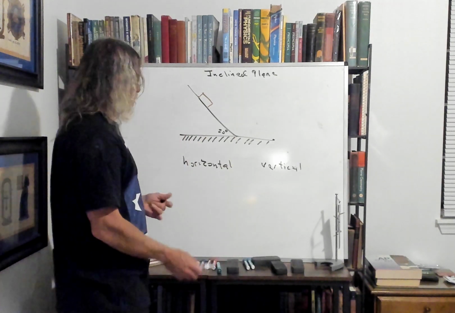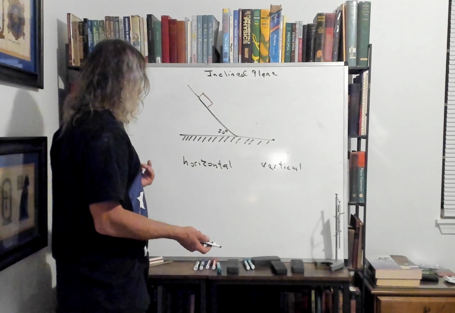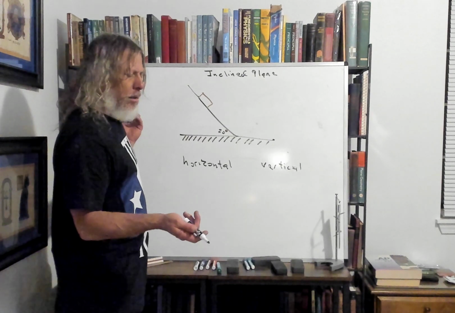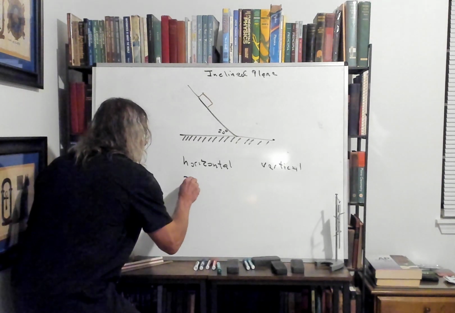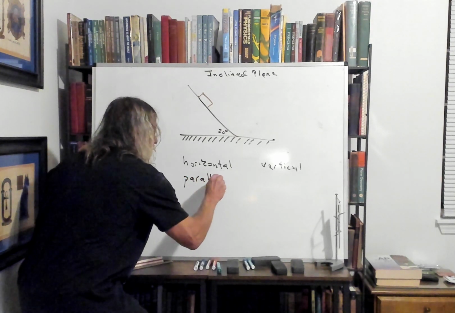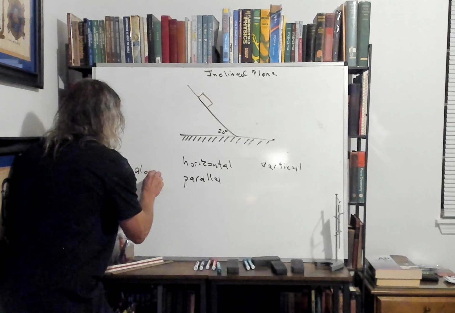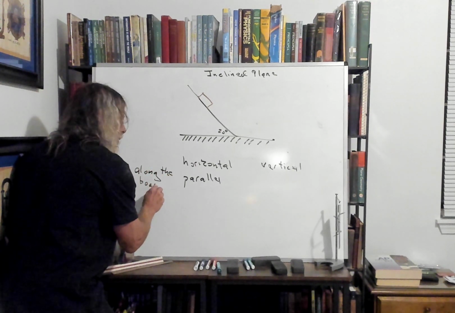When we're doing this, instead of horizontal and vertical, we can think of it as along the board, which is parallel to the board, along the board, the inclined plane.